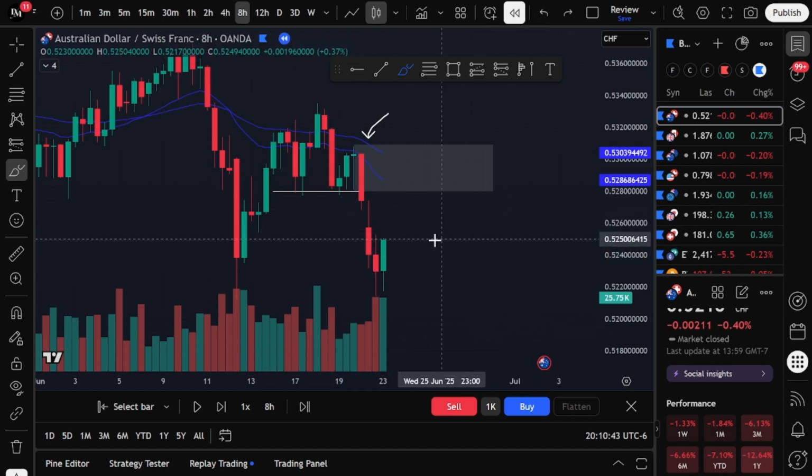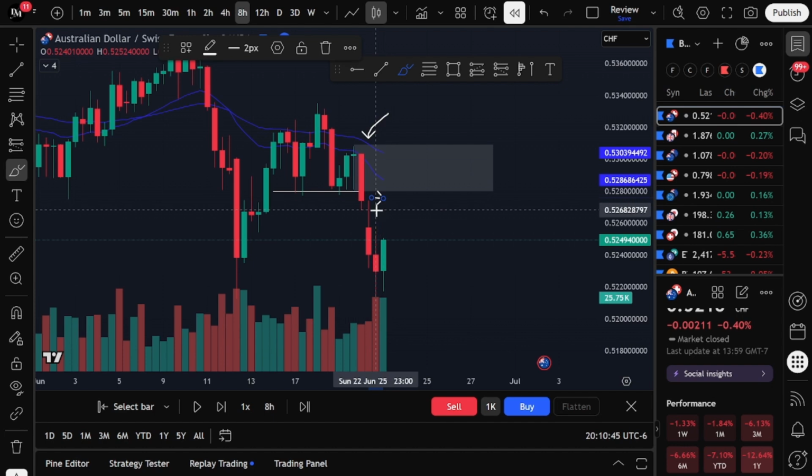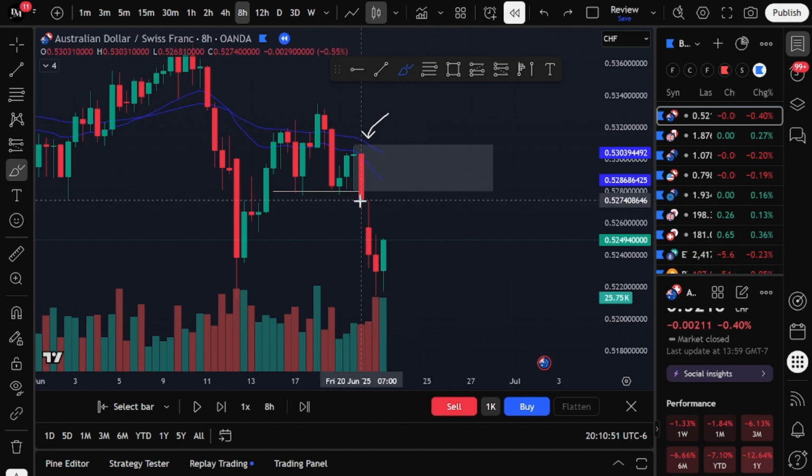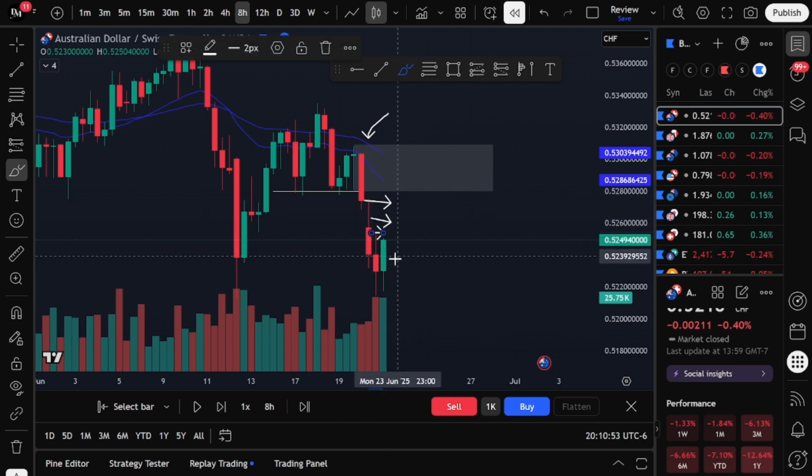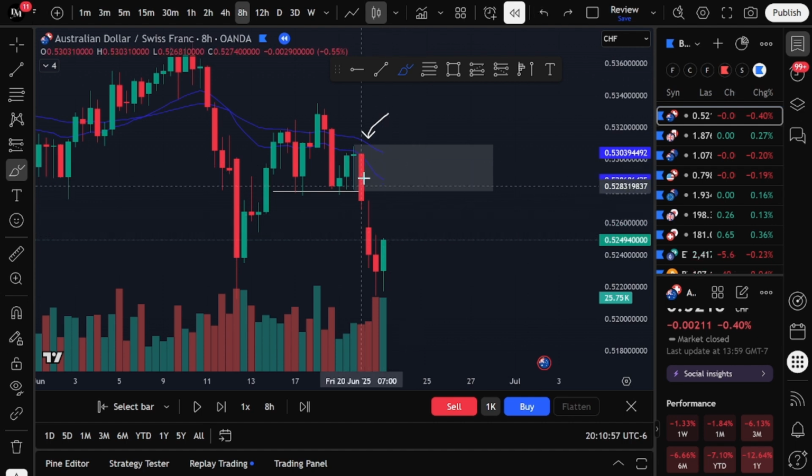And to make it even better, we also got a gap here in the market. So basically all this inefficiency right here needs to get filled in. Gaps usually help with confluence. Whenever you have a gap in your order block, it's always a good sign because that means your order block hasn't been tapped yet.